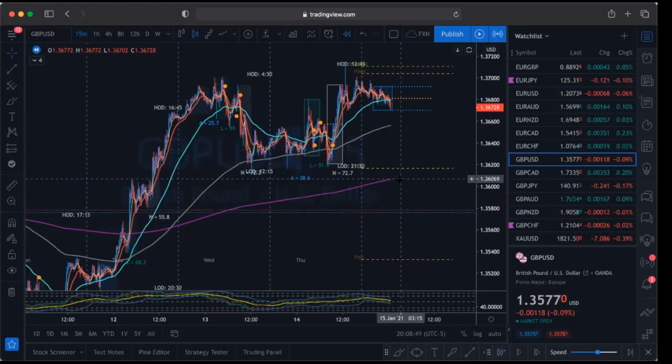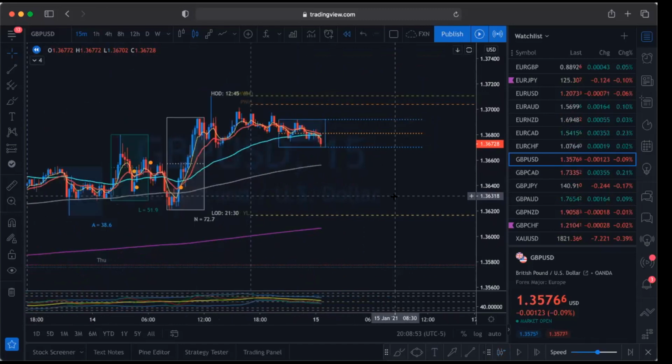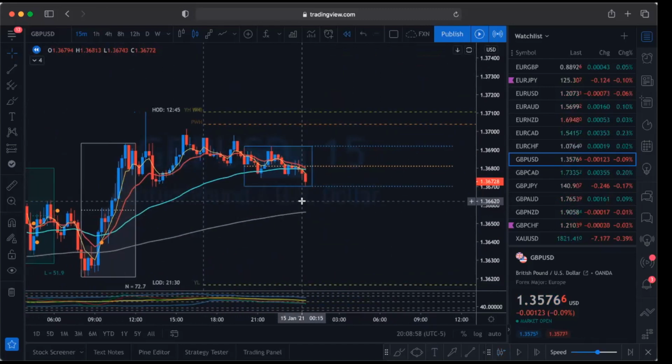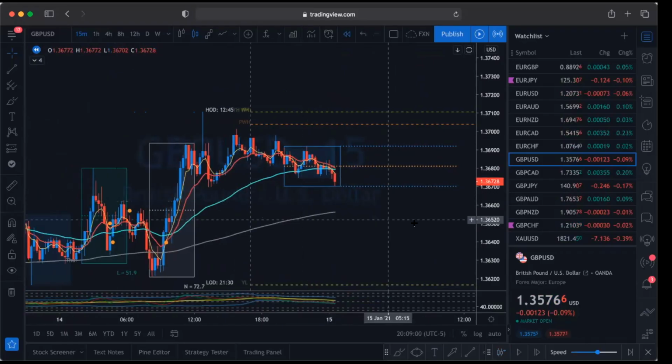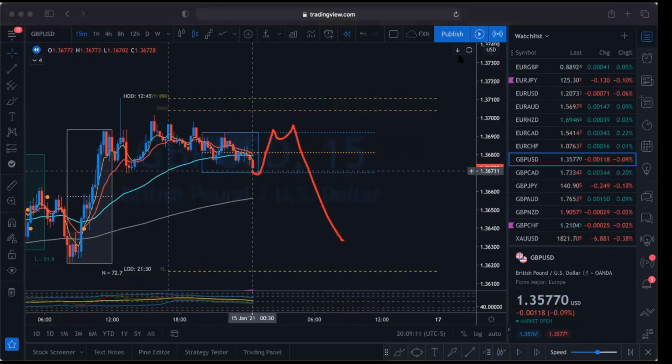If you get Friday and look where price action is before the lunch session started. Price action is down here. So what's the likelihood that price can come all the way back up and do this, versus doing here and just turning around?